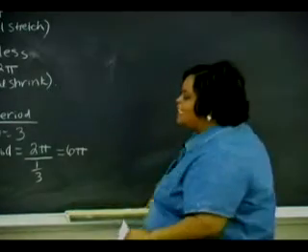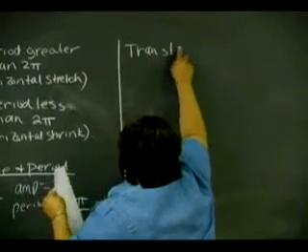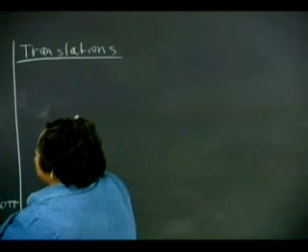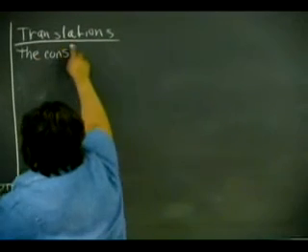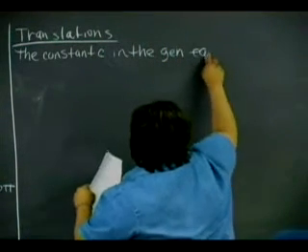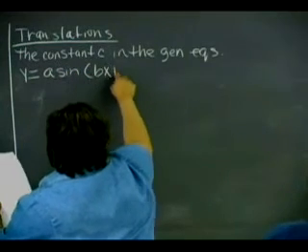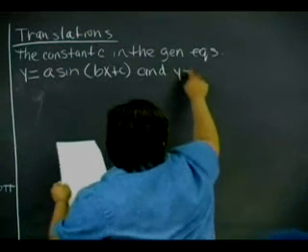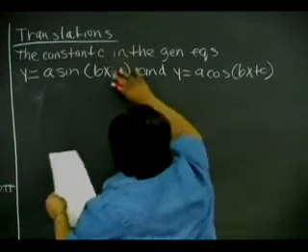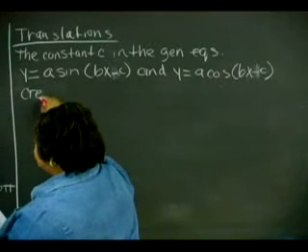All right, let's talk about translations now. The constant C in the general equation y equals A sine bx plus C and y equals A cosine bx plus C. Excuse me, it should be bx minus C. Bx minus C. This creates a horizontal translation.